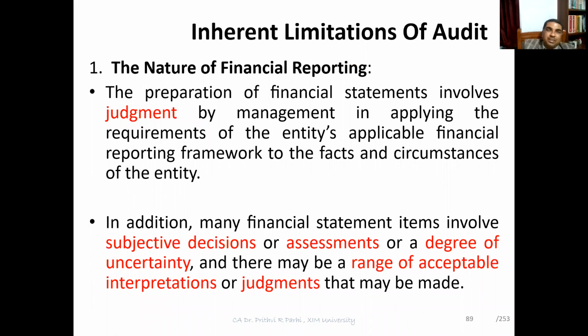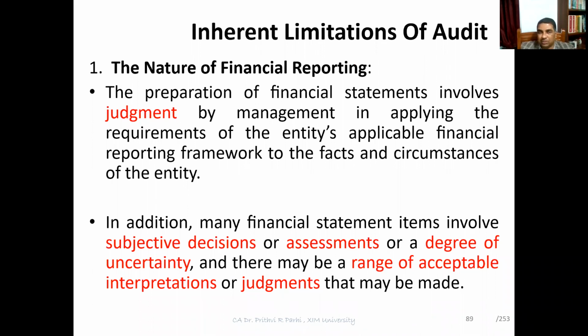First of all, the first source is the nature of financial reporting. As I was telling you right now, the preparation of financial statements involves judgments. Management applies judgment, whether a particular liability is there or not, whether a provision is required against a particular asset, and what will be the life of an asset.